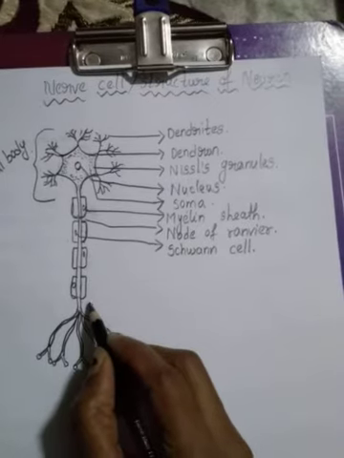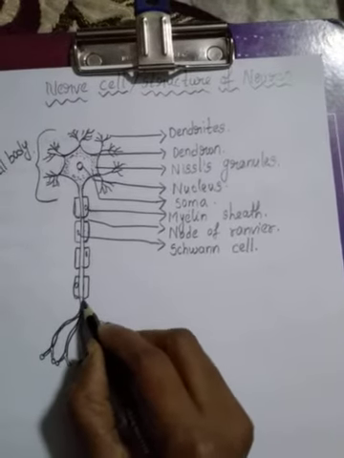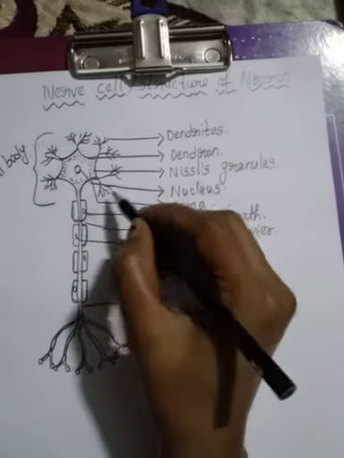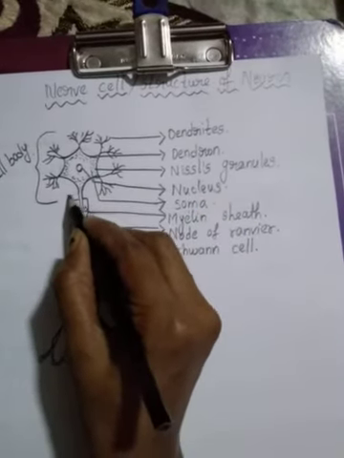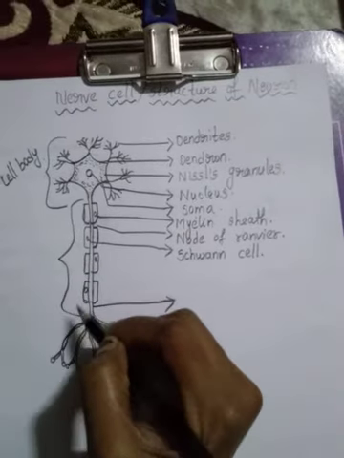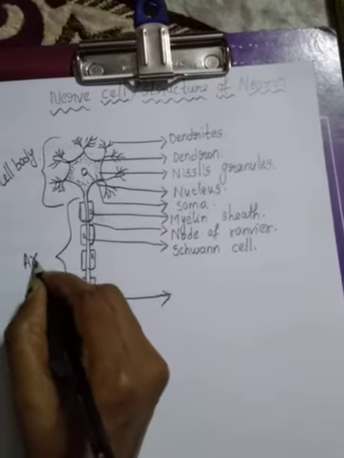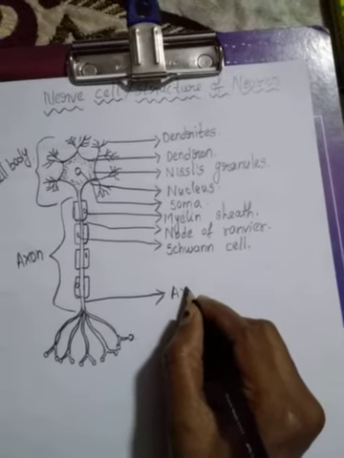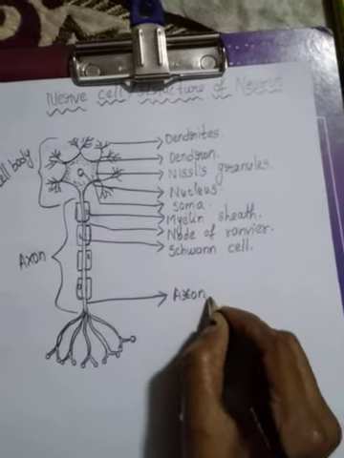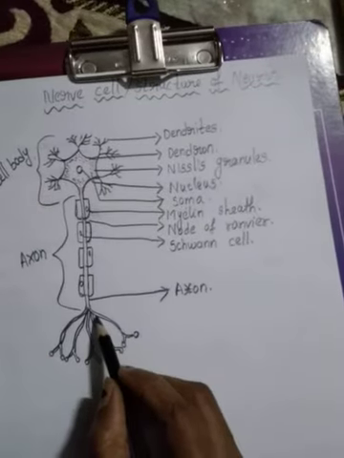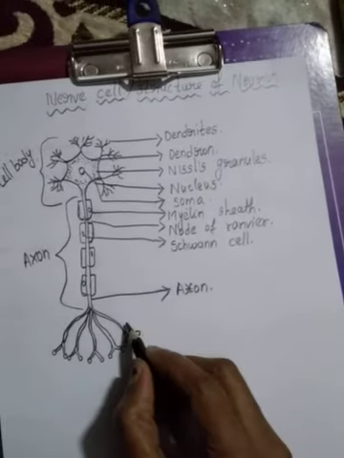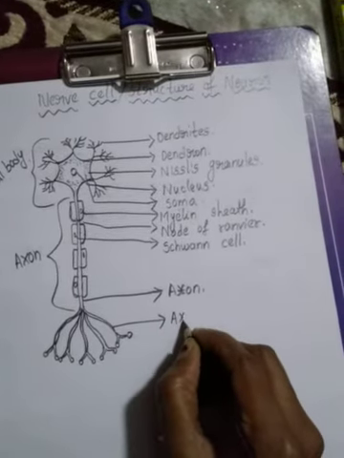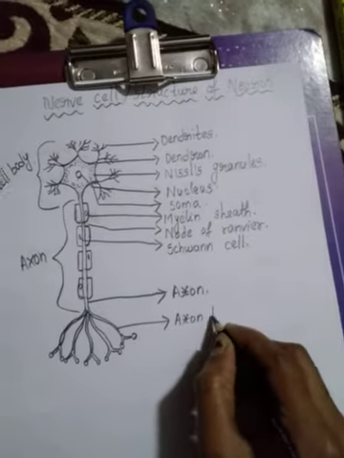Now this full part, from here to here, is called the axon part. At the end of this we can find the axon terminals. Terminal means nothing but the ends.